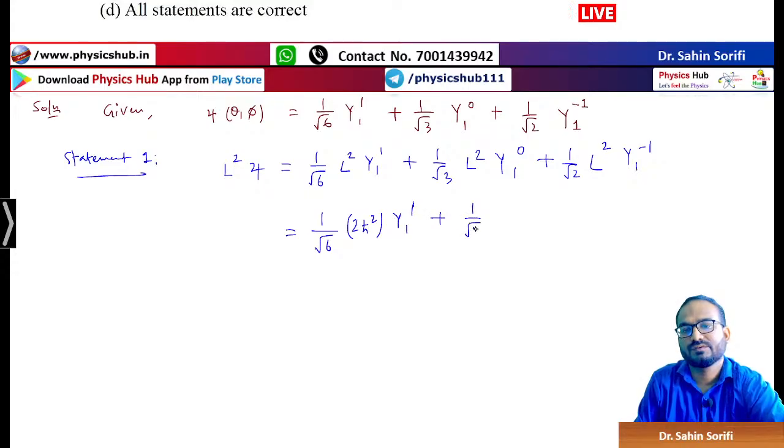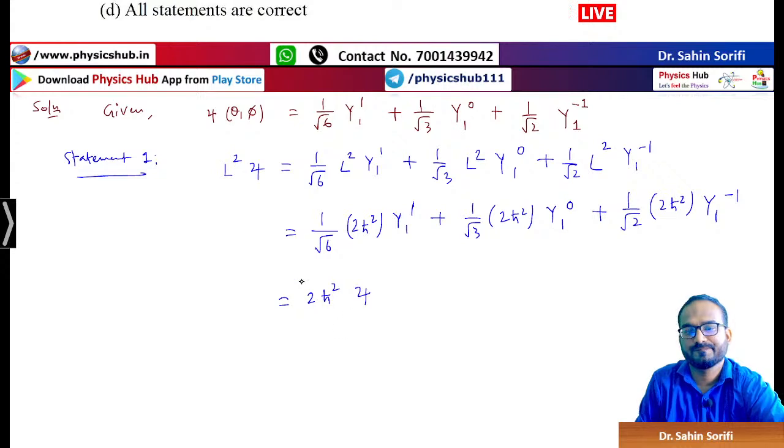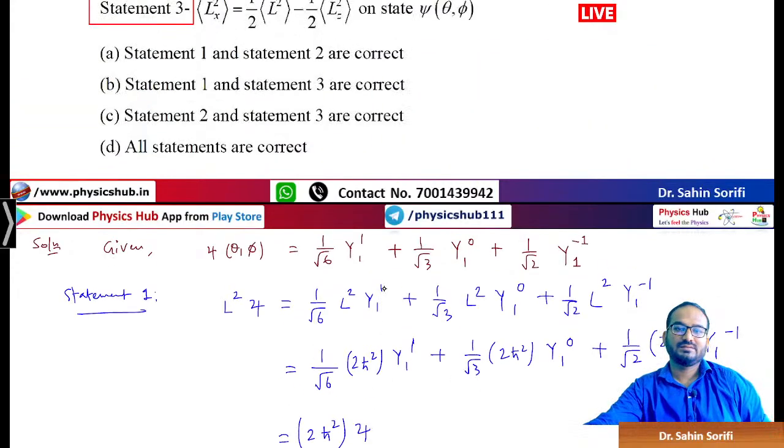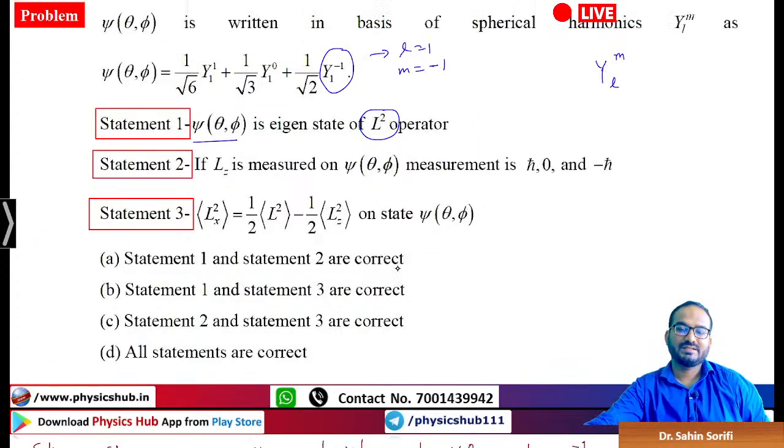This is 1 upon root 3, again 2 h cut square, because L equals 1 here, and here also L equals 1. So you can write 2 h cut square times this whole thing, that is psi. So we can say psi is indeed an eigenvector or eigenstate of L square operator.